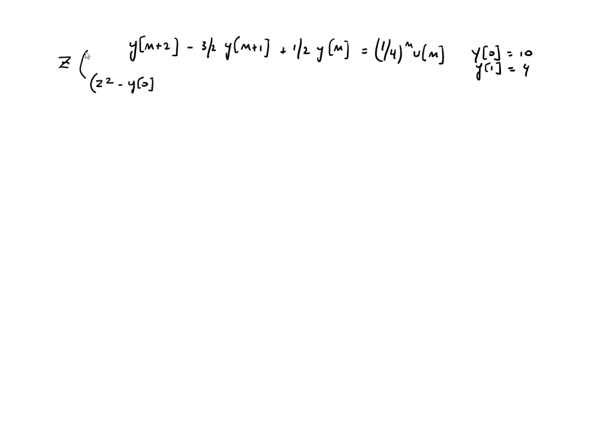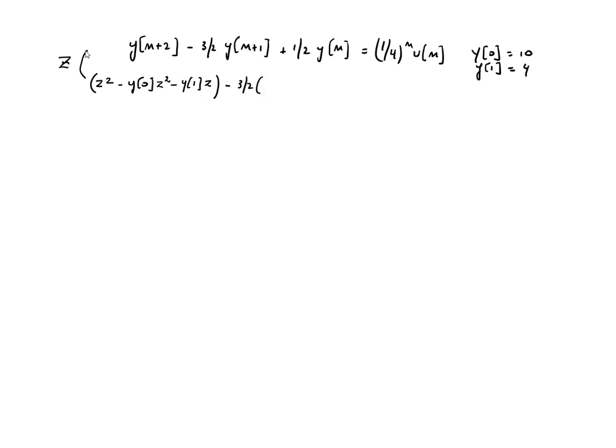Okay, y0 will end up in index minus 2, so it will be z to the power minus 2, so z squared. y1 will disappear also, and it will end up at the index minus 1, so it will be z to the power minus 1, so z, right, minus 3/2.